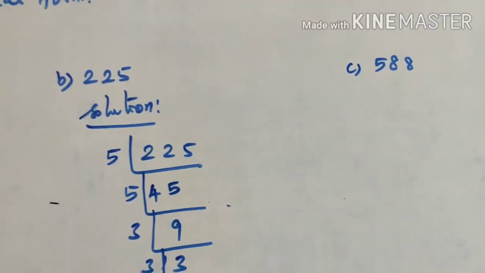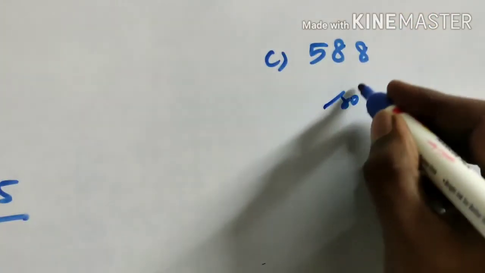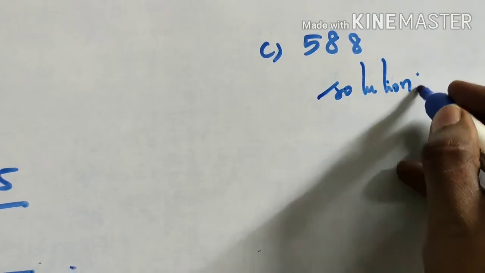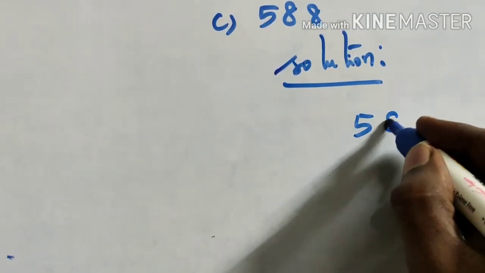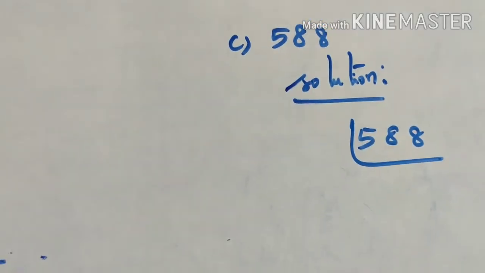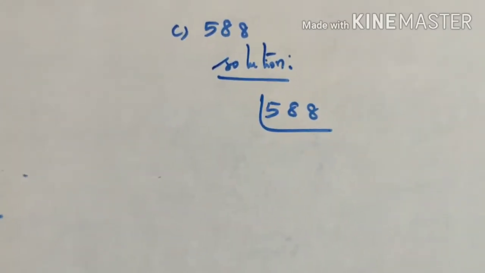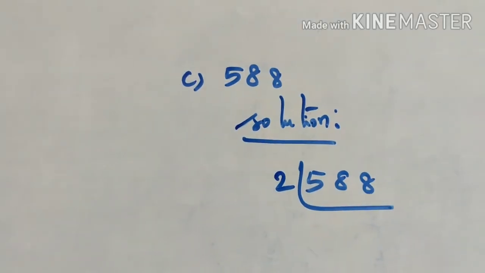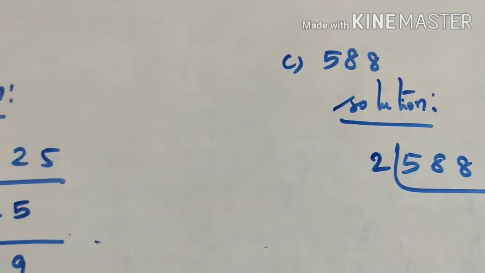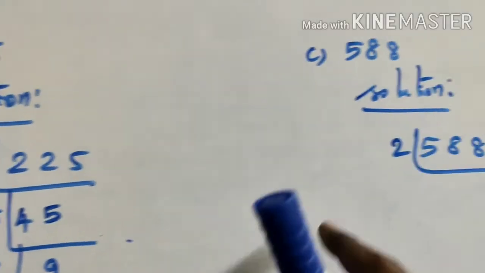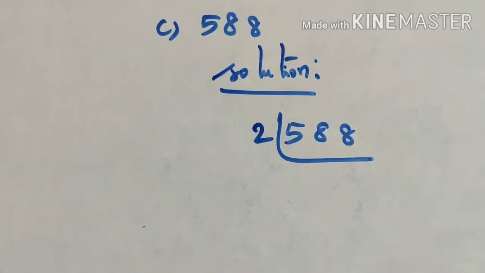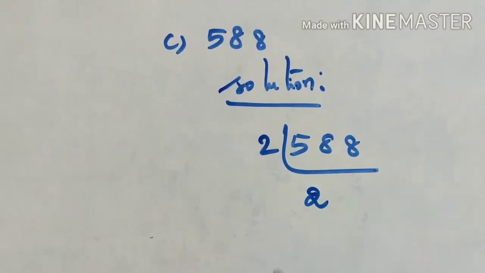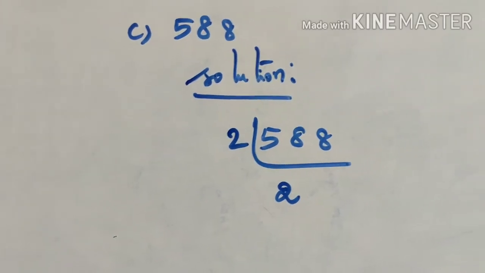Next, 588. So, 588 can be divided by 2. Always use prime numbers. 5 is a prime number, 3 is a prime number, 2 is a prime number. Okay. In 5, 2 2s are 4, 2 times.